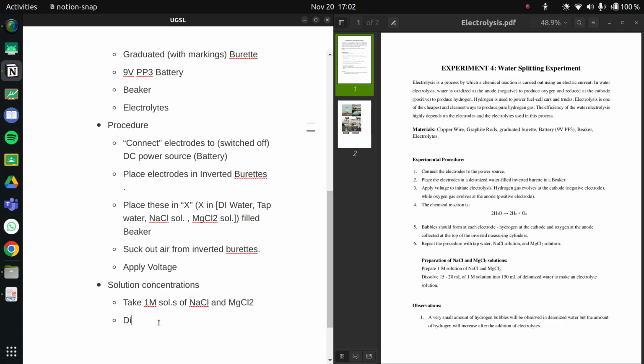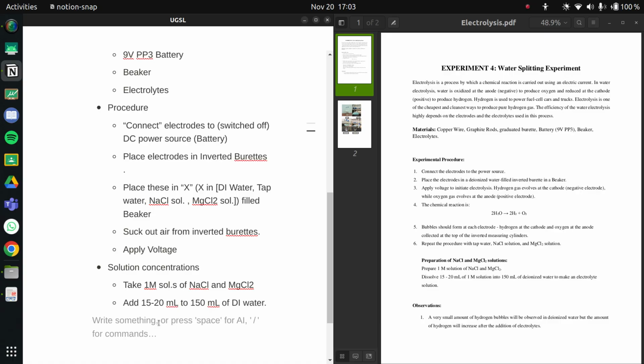Right, dissolve, add 15 to 20 milliliter to 150 ml of DI water. Yep. So that's your electrolyte.